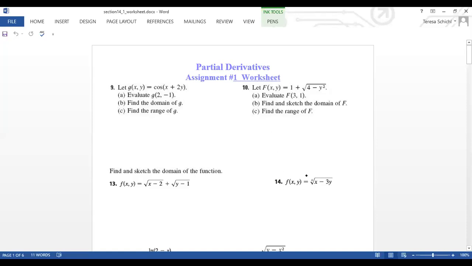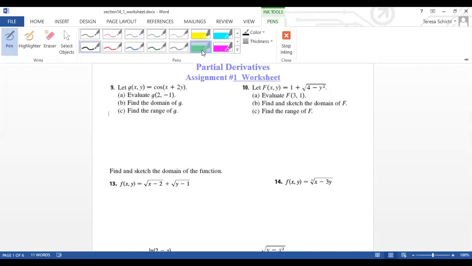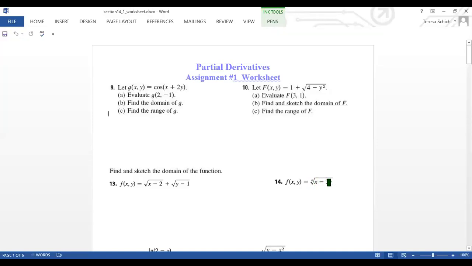Since this is an even root, whatever is inside here has to be non-negative, right? So that's why we said x minus 3y has to be greater than or equal to 0.